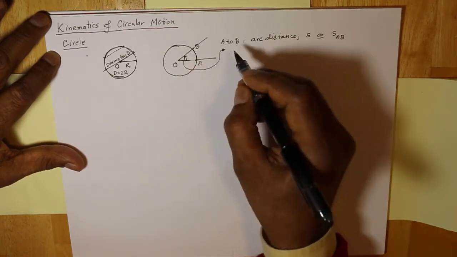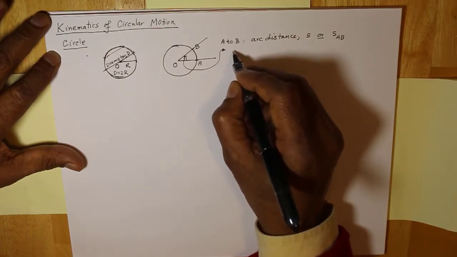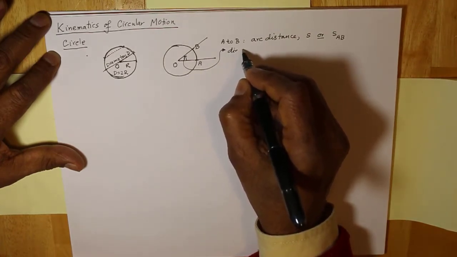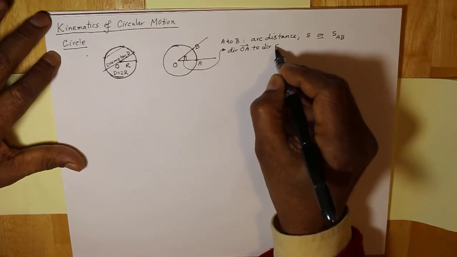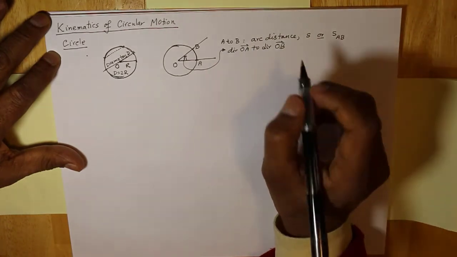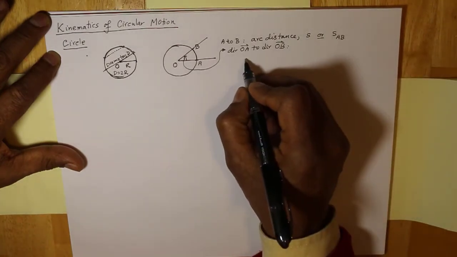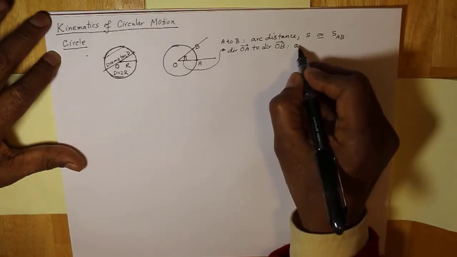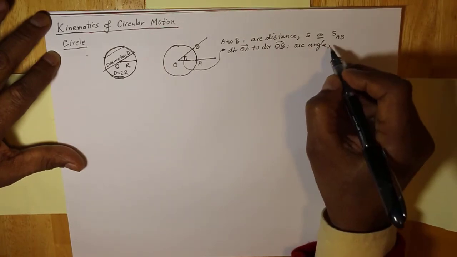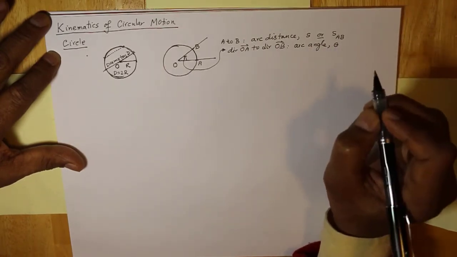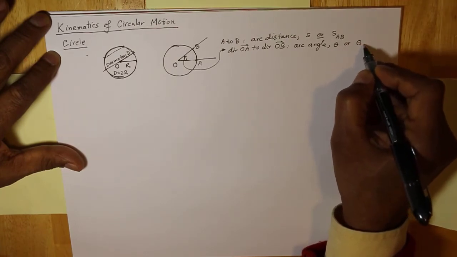We can say we went from direction OA to direction OB, and that is the arc angle, and we can label that as theta or theta AB.